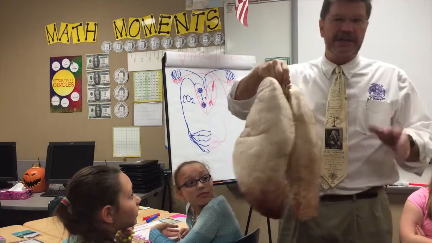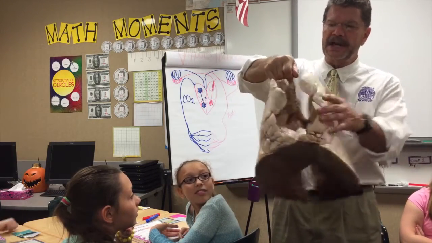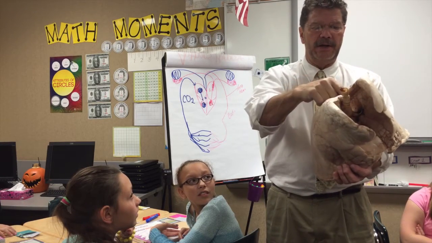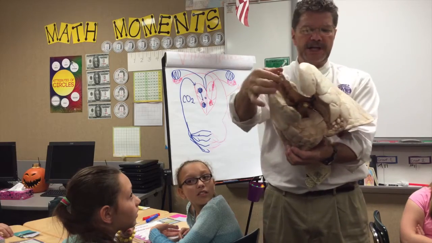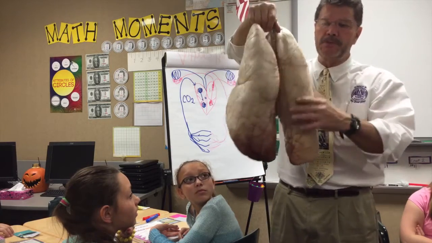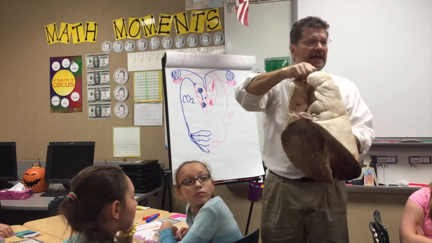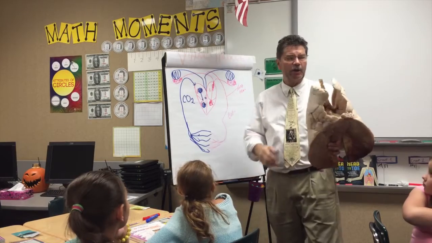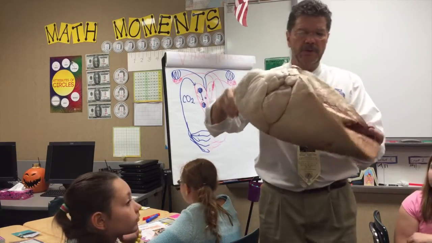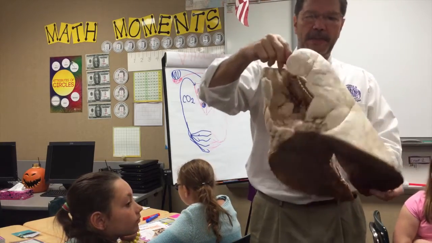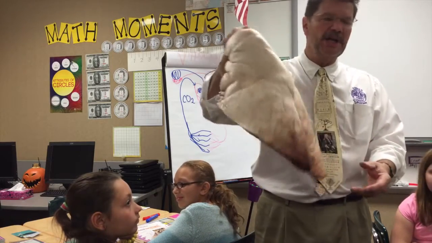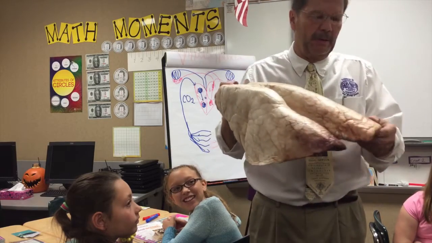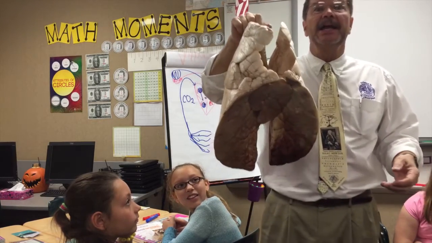And this one, you don't have to touch it if you don't want to, but here's the air tube, the trachea, where the air goes down, and it splits into the two bronchial sides, and it goes into the two big lobes. Now what's missing from this is all of these blood vessels coming and leaving and going back and forth to the heart. So this is kind of cool. I'm going to pass this around if you'd like to touch it. Resist the urge to squeeze it, because you feel like you just want to squeeze it, but it will kind of ruin it. But that is a lung.